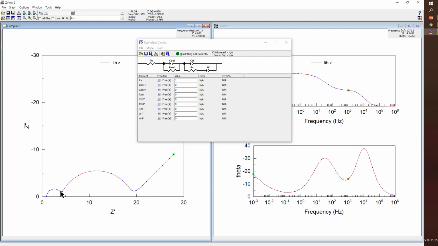Maybe if you extend this semicircle part, then maybe 5. Anything is okay. This is just an initial guess, but the exact answer will be provided by this software via complex nonlinear least square fitting. So let me say 5. Is it the real value? I'm not sure.